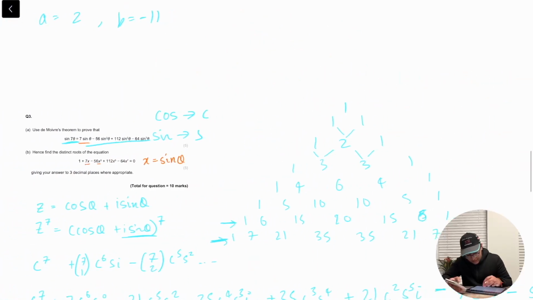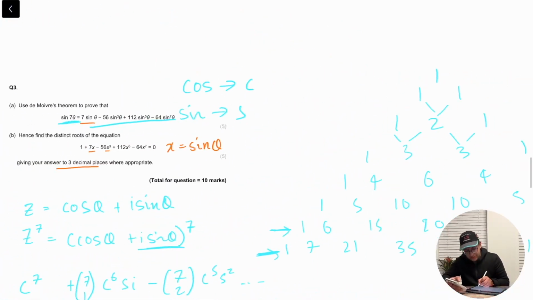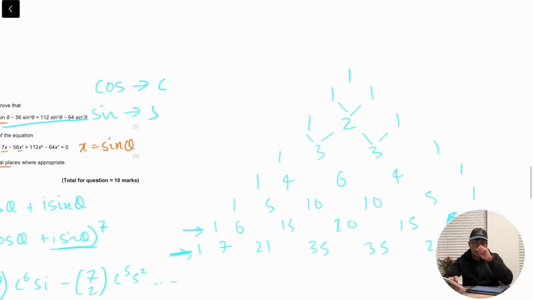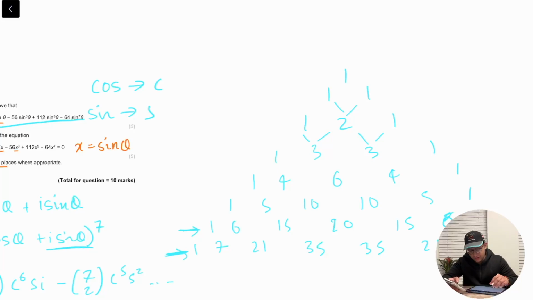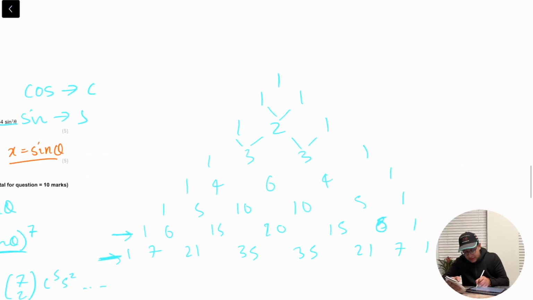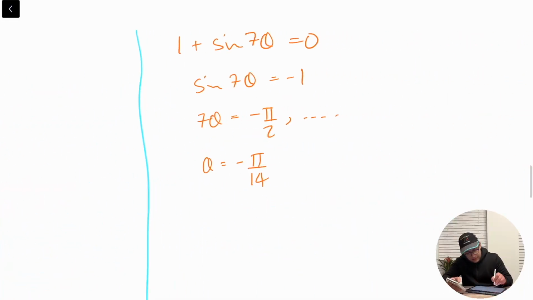And it's asking us, giving us 3 decimal places, what are the roots of the equation? To solve for x, right, you'll have to do this 7 times. Just find 7 of these roots repeated, wherever sine theta is equals to -1. So x equals sine theta. Let's bring this back, right?